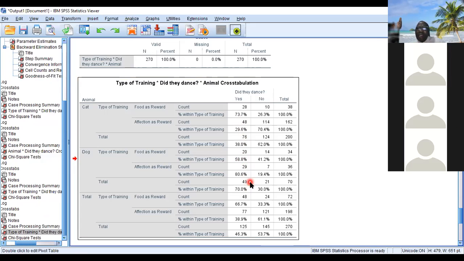We have done animal and dance, right? We say dogs dance more. Which one have we not done? No, there are three levels of interaction. We have not done one. We have cross-tabulated animal and dance.